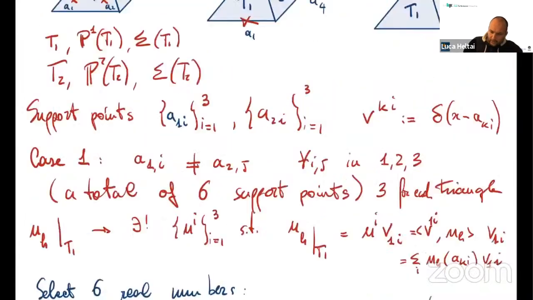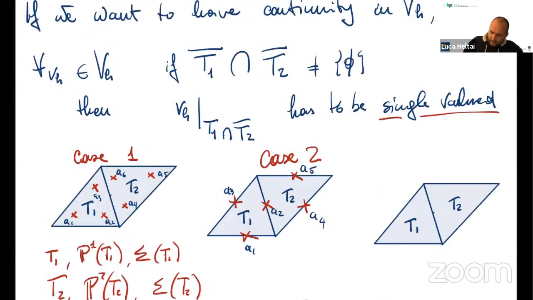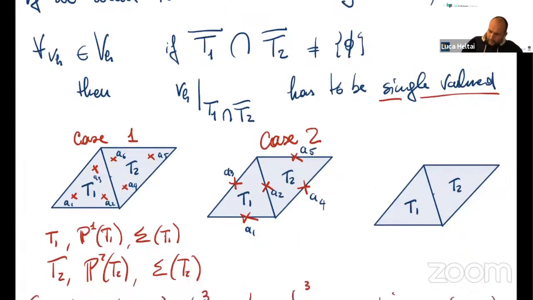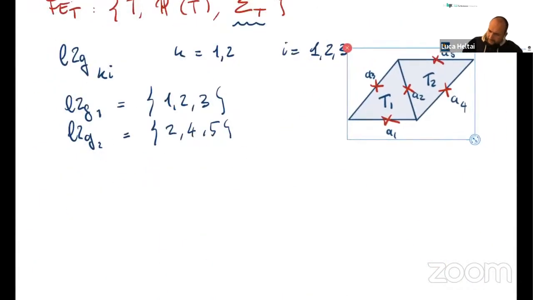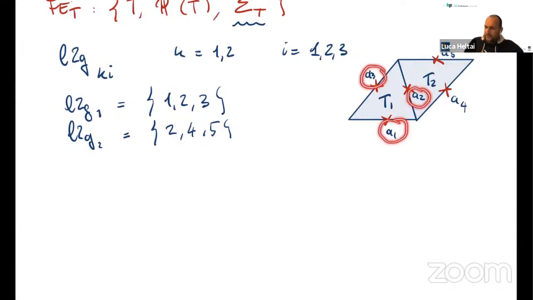Now let me just copy this here, otherwise we lose track of what was going on. So this should make sense now. You have an indexing of the support points that I'm using, and then on the side there is a list of support points that tells you the locations of A1, A2, and A3.